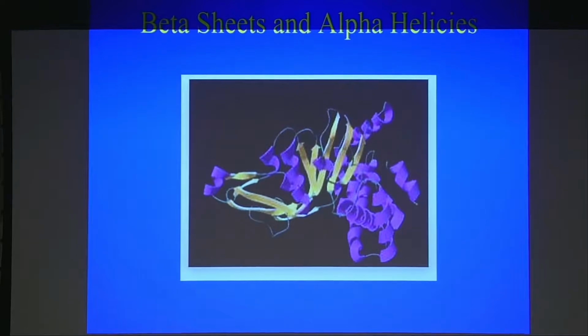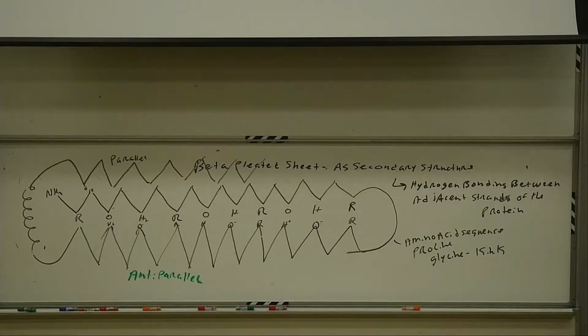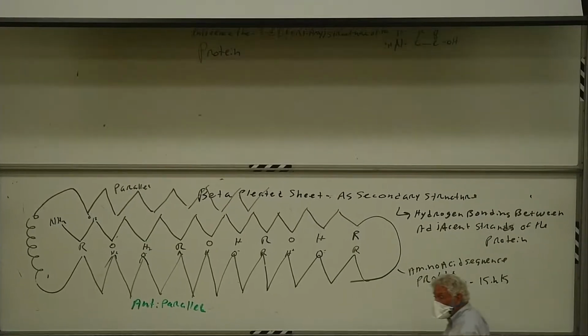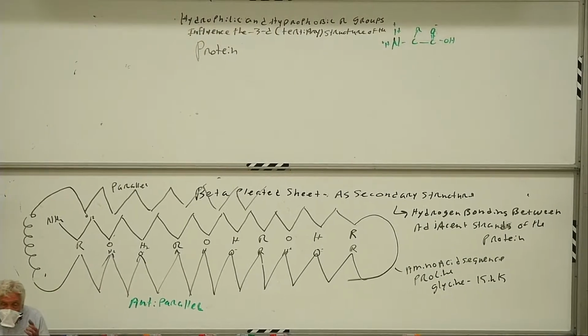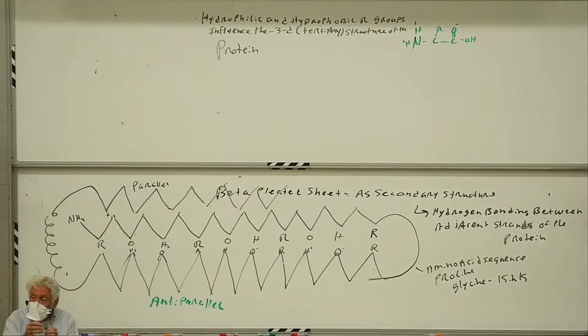And again, it's really hard to overemphasize the importance of the three-dimensional shape of the protein, because it doesn't matter whether we're talking about neurotransmitter receptors in your brain or antibodies binding to antigen. That all has to do with the three-dimensional shape of the protein and its interaction with its three-dimensional target.